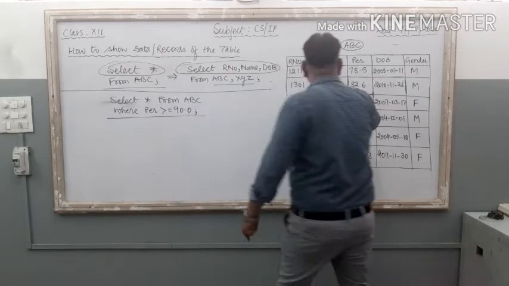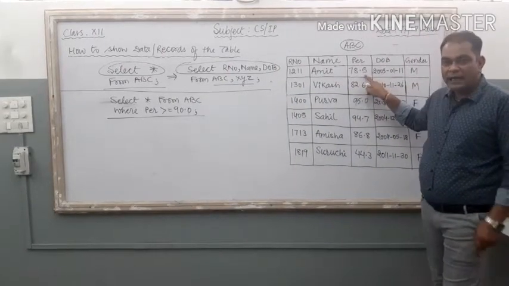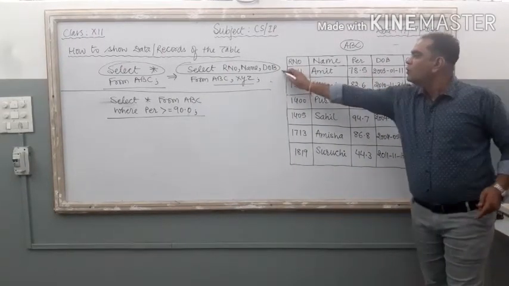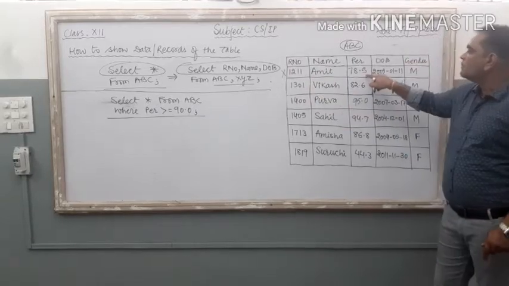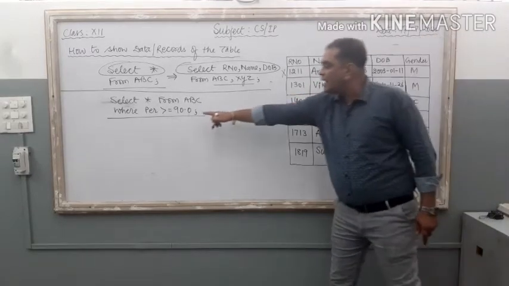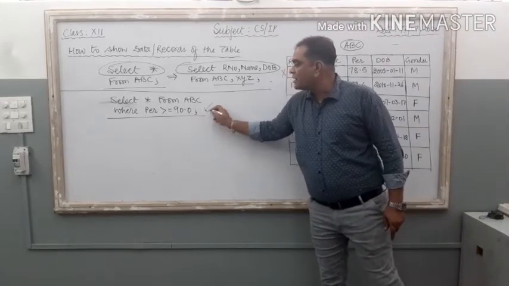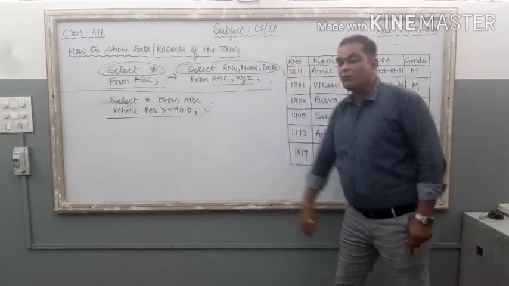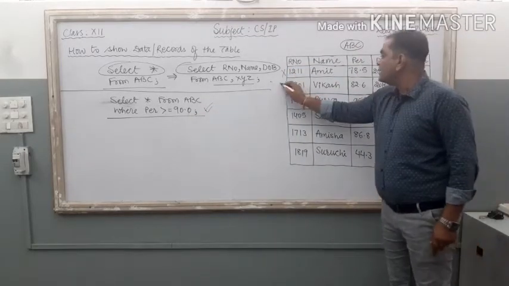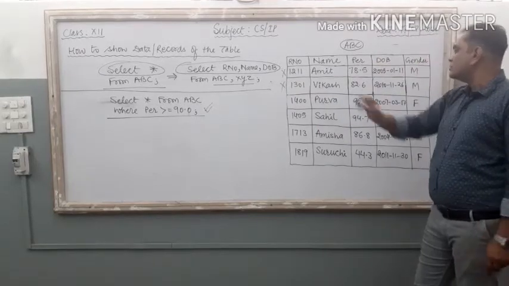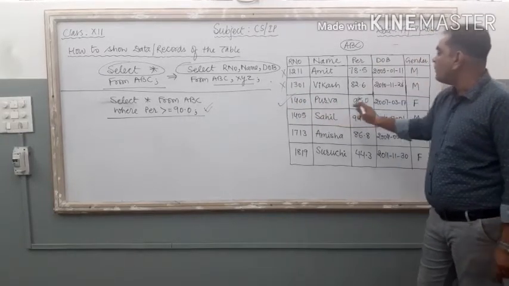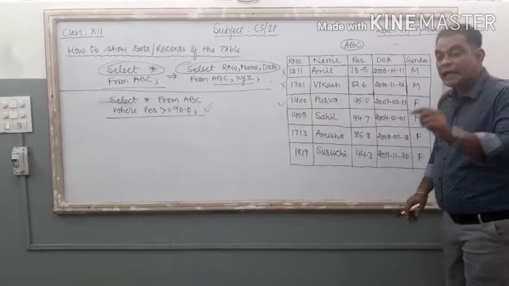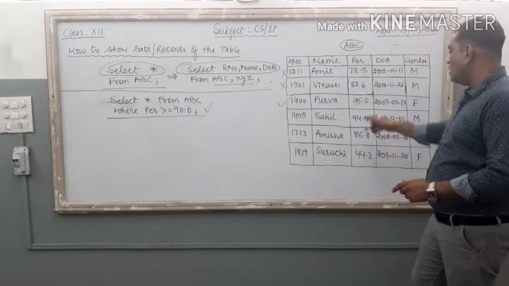The first record is 78.5. Is it displayed? No. Why? Because the percentage is less than 90 and the condition is percentage greater than equal to 90. So the first record is not there on the monitor. The second also is not there. The third record here, Purva, the percentage of Purva is 95. It will be there as an output.